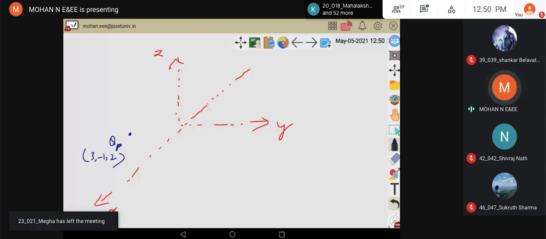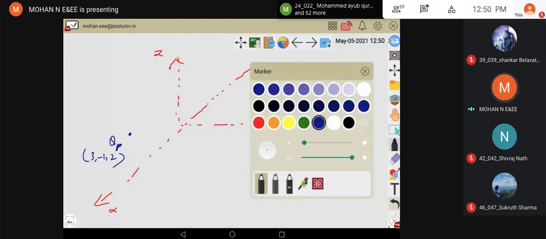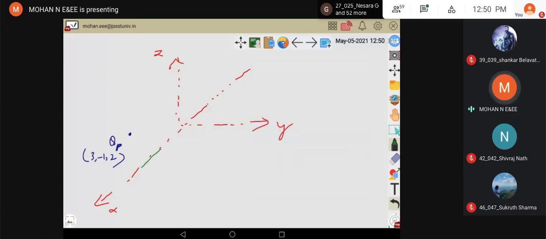Okay, next, let me plot the line charge. The line charge is on the x-axis, that is infinitely long x-axis. So this is your line charge, infinite line charge. So what is the coordinate of line charge?